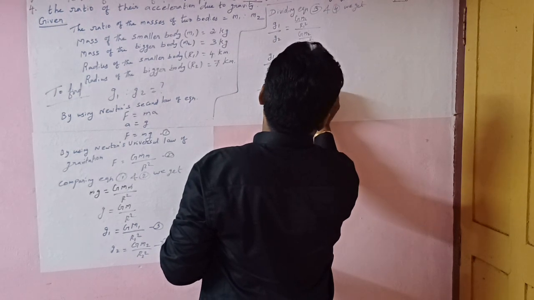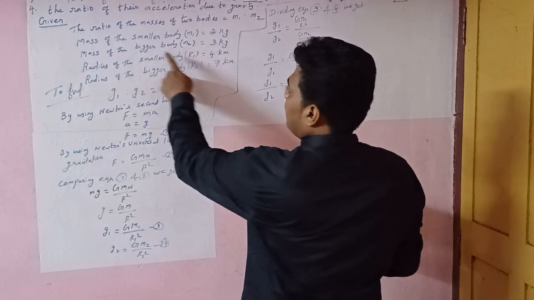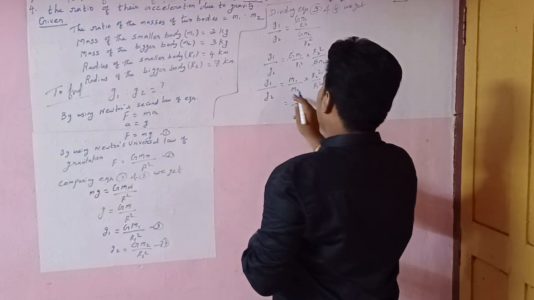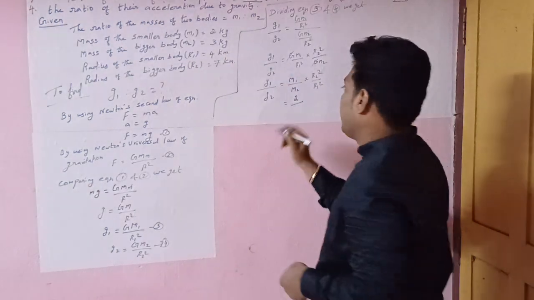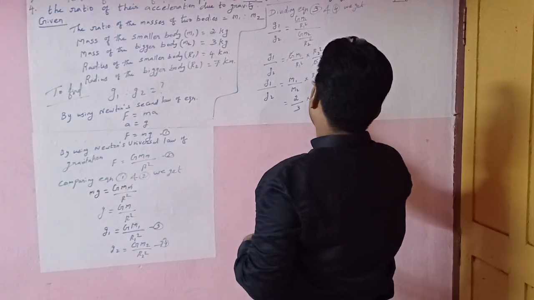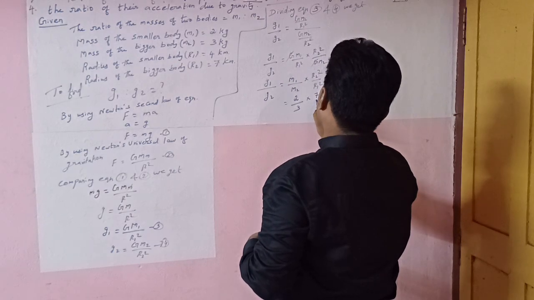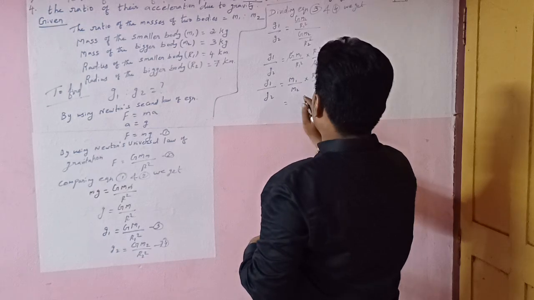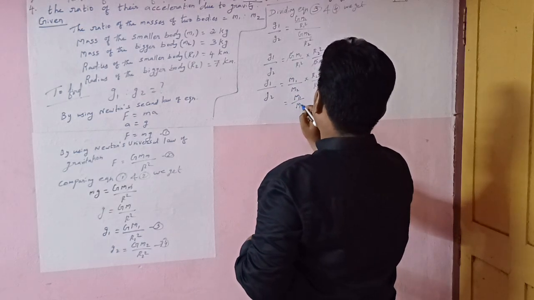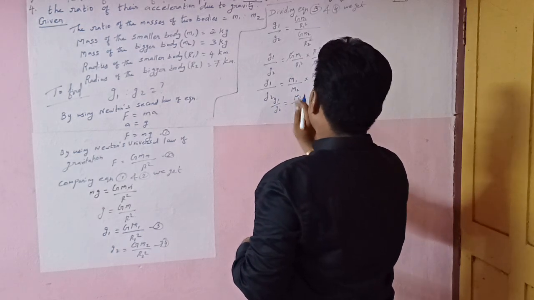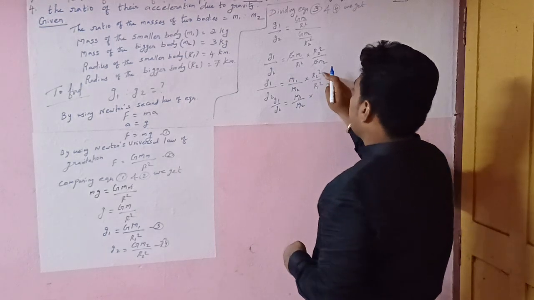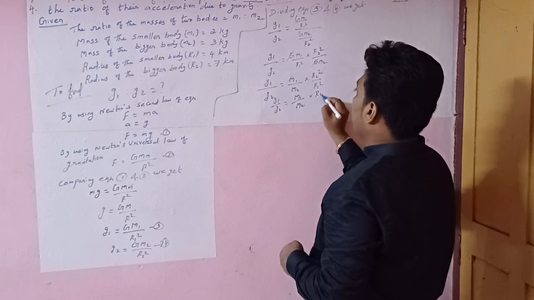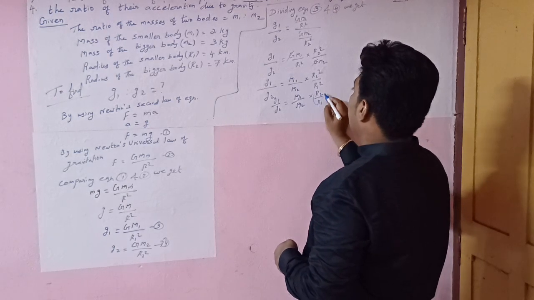What is the M1 value? Already we have written the mass of the smaller body, M1 equal to 2. Divided by M2, which is 3. So 2 by 3 into R2 value, 7. Because this is a square, commonly we take the whole square: R2 divided by R1 whole square.